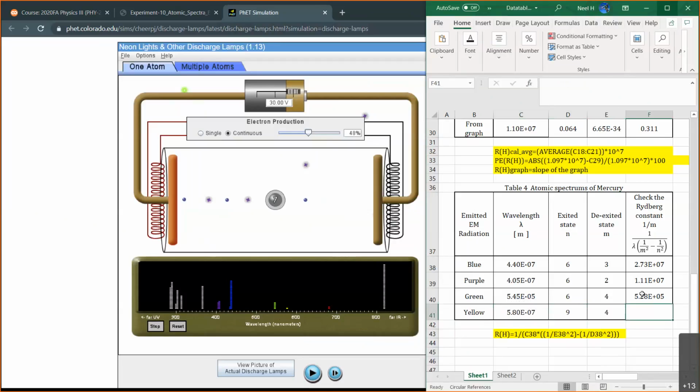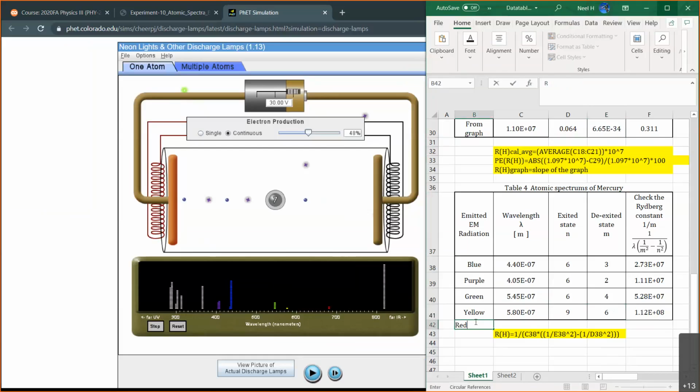Yellow. See what I'm getting. Okay, 9 to 4 is red. Then the yellow is 9 to 6. Okay, that's actually a very good number.